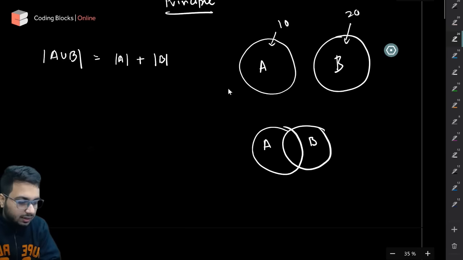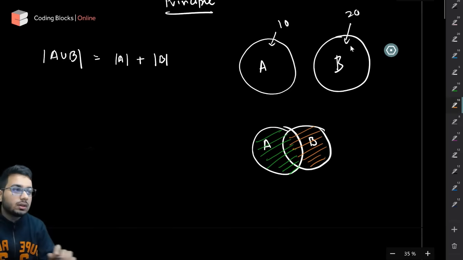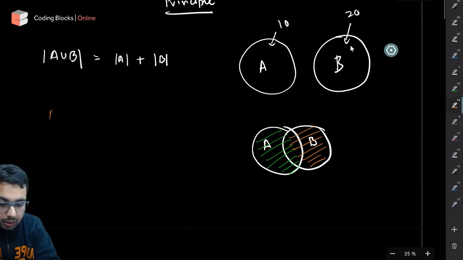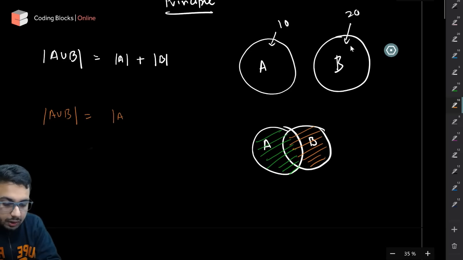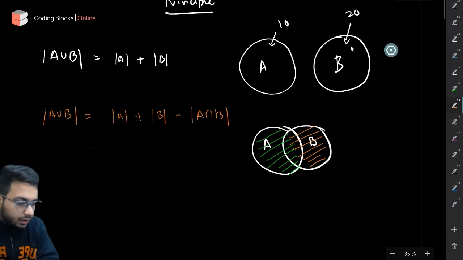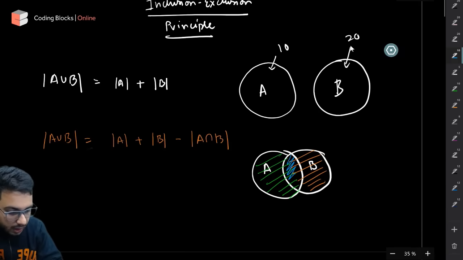So in that case, the formula that we are going to use is, if I want to compute A union B, and the cardinality of this set, it is going to be cardinality of A plus the cardinality of B minus what is common, because we are counting this part which is common twice, so we just subtract this part because it has been counted twice.